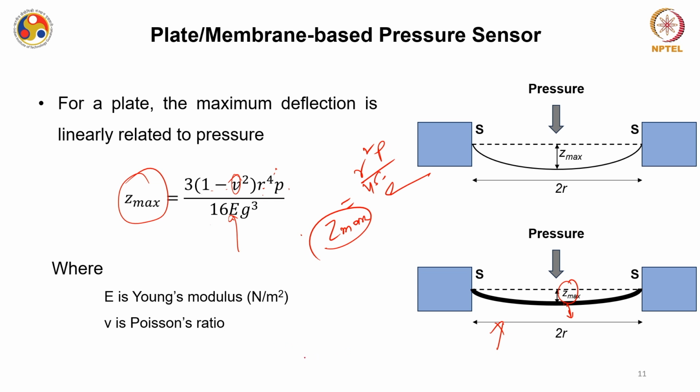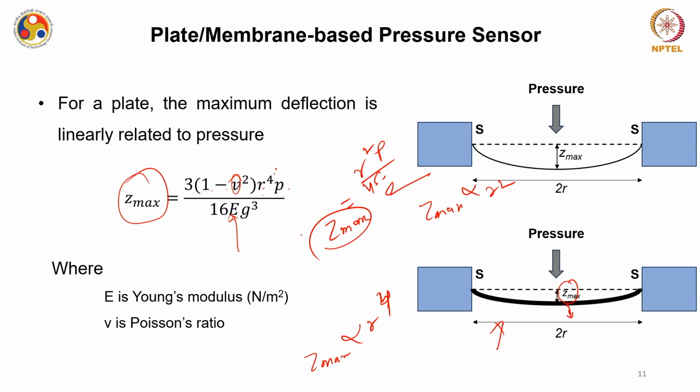Here, for the plate, Zmax is proportional to r to the power 4, while its dependence in case of the membrane is not that high. Zmax is directly proportional to r square.